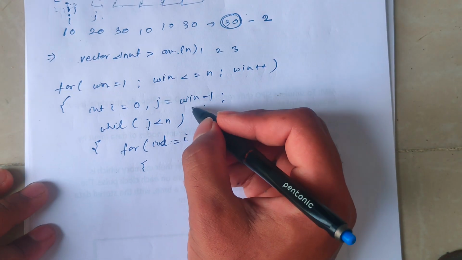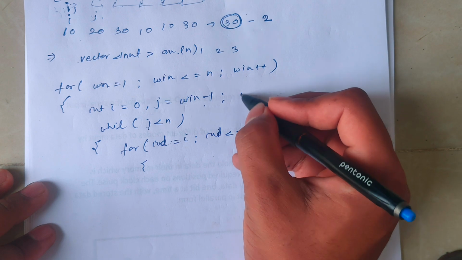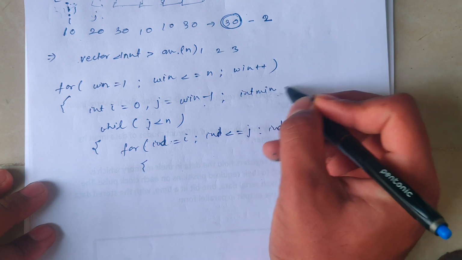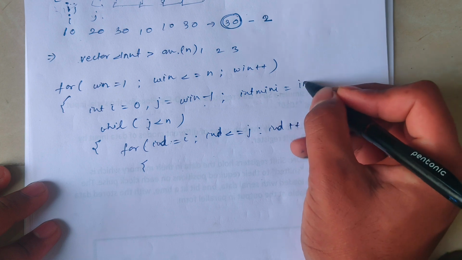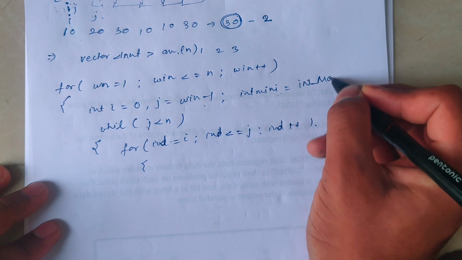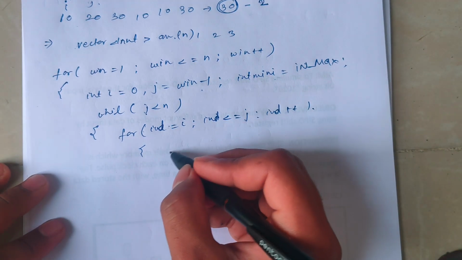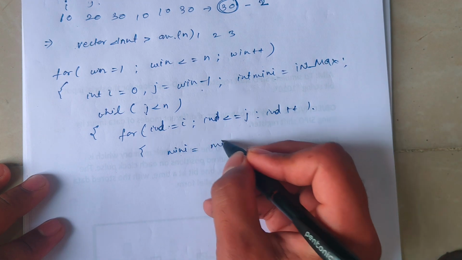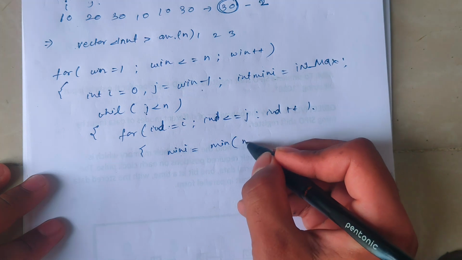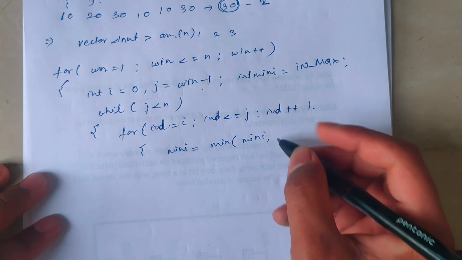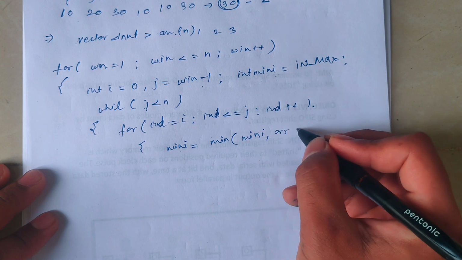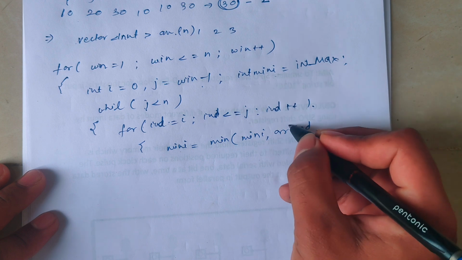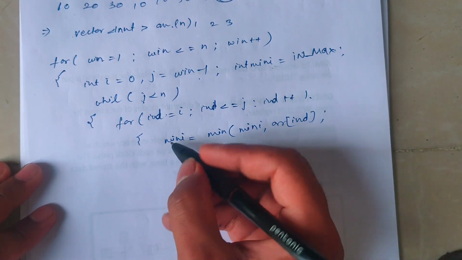We will take a minimum value first, int mini equal to int max. Now mini would be storing the minimum of mini and ARR of index, right?